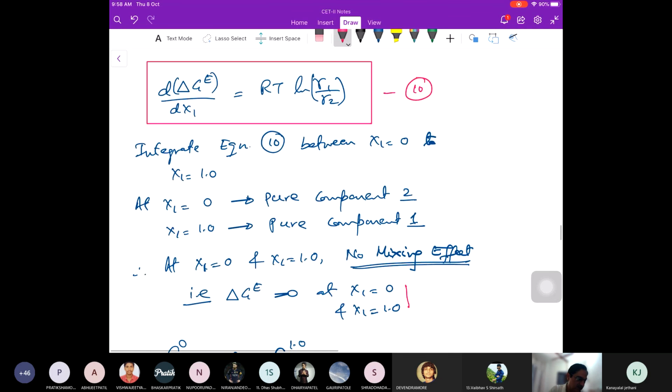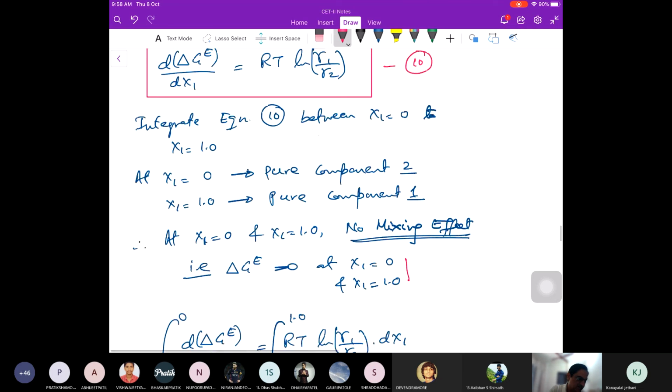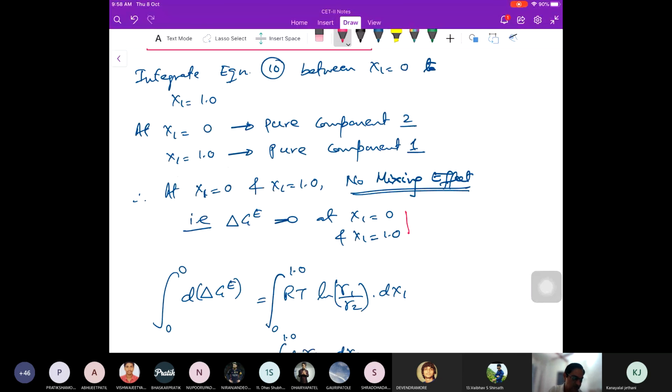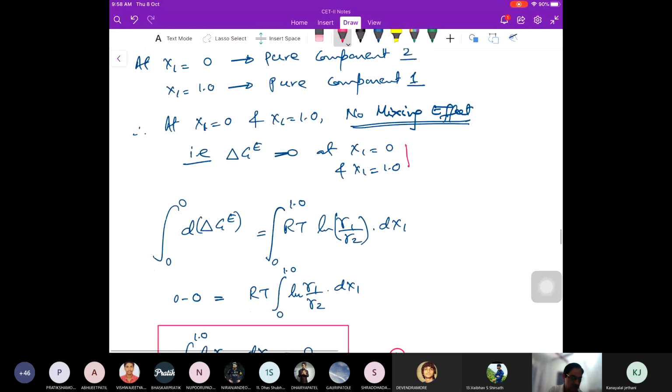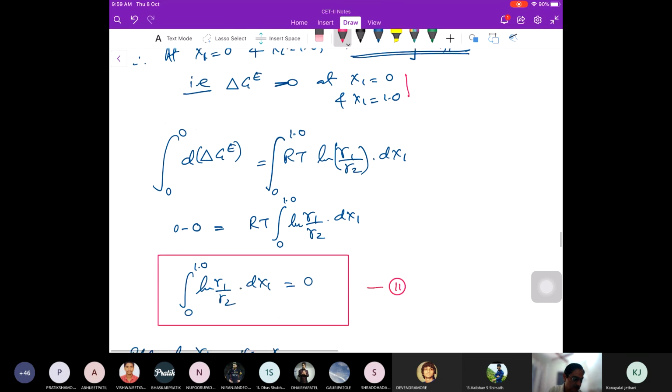So the left hand side is 0, and essentially the integral of ln gamma 1 upon gamma 2 dx1 between 0 to 1 is equal to 0.